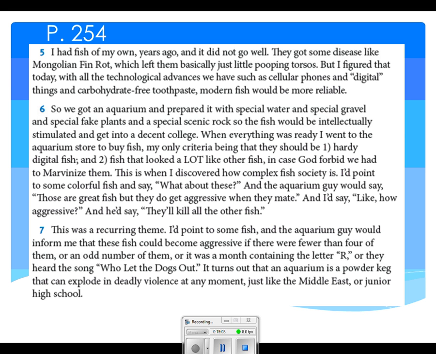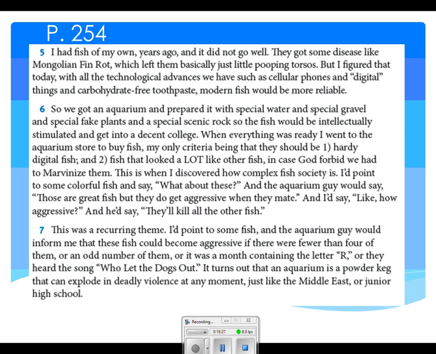I point to some fish, and the aquarium guy would inform me that these fish could become aggressive if there were fewer than 4 of them, or an odd number of them, or it was a month containing the letter R, or it heard the song, Who Let the Dogs Out? Turns out that an aquarium is a powder keg that can explode in deadly violence at any moment, just like the Middle East, or junior high school.